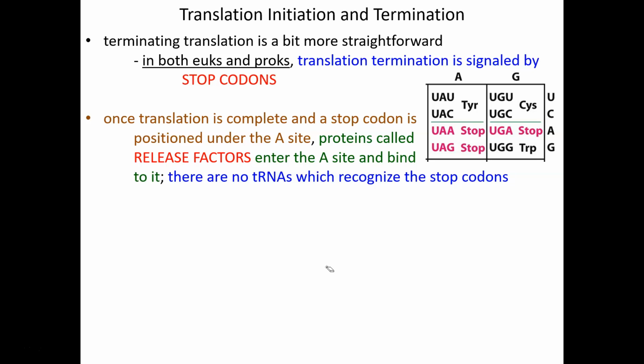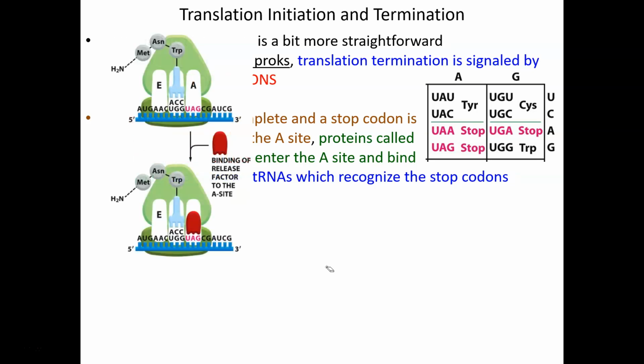Instead, proteins that are shaped to look like tRNAs, called release factors, enter the A site instead, and they bind to the stop codon. When release factors enter the A site and bind to the stop codon, they trick the ribosome into breaking this bond between the peptide chain and the tRNA in the P site.